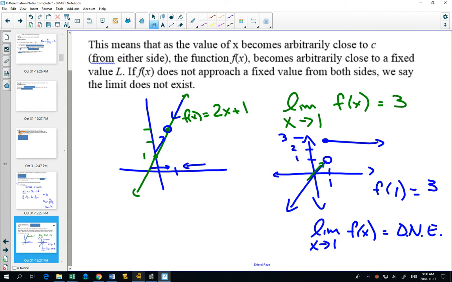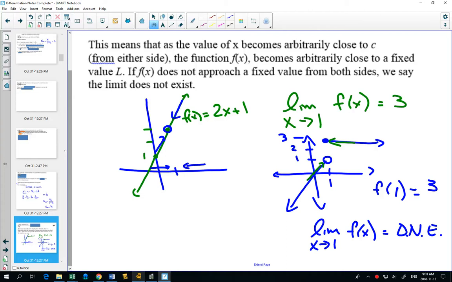But if you approached the x value of 1 from the right, you would say it's getting closer to 3. And since the left side and the right side don't match, then we say the limit doesn't exist. In order for a limit to exist, it's got to approach the same fixed value from both sides.